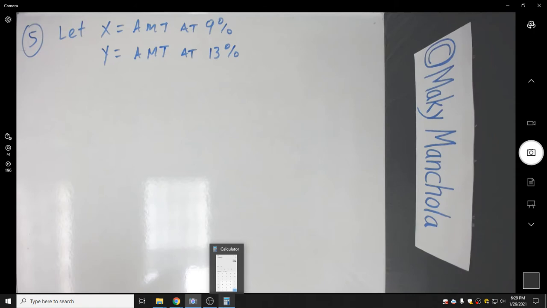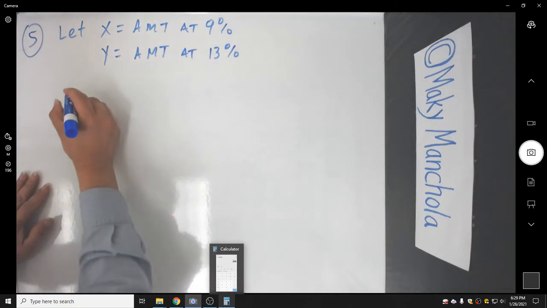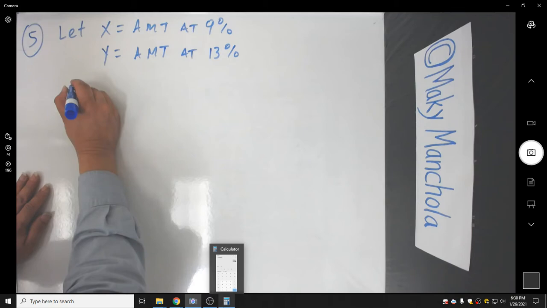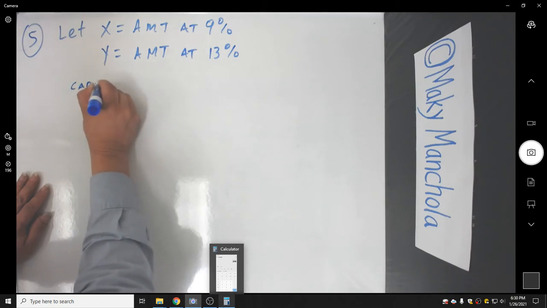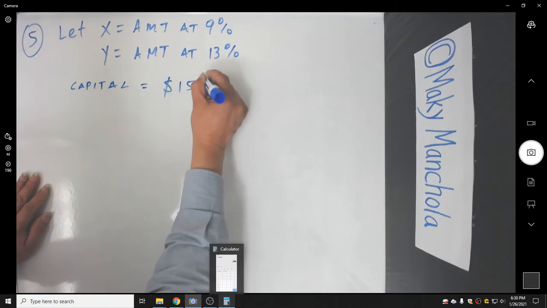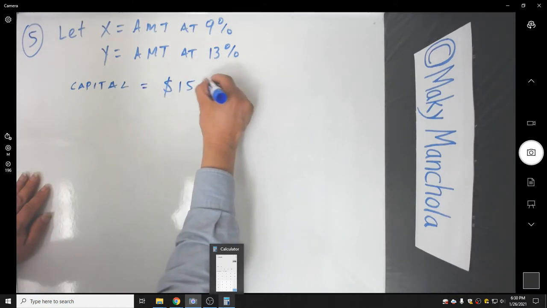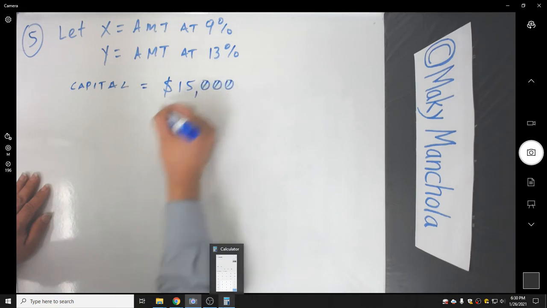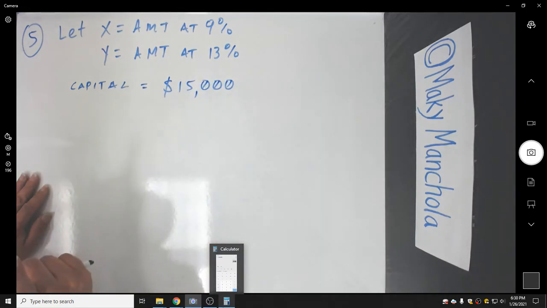We have that the total amount at the beginning is $15,000. So that's the initial amount, or the capital. So the capital is $15,000. We also know that after 1 year, the total interest earned is $1,590.